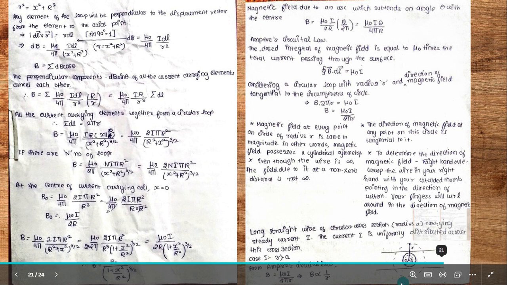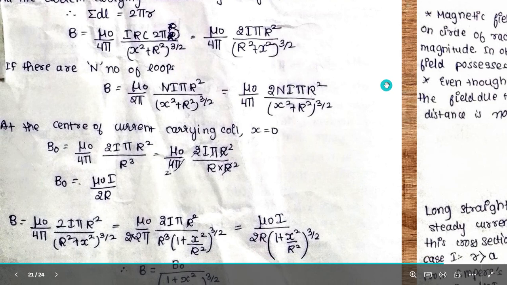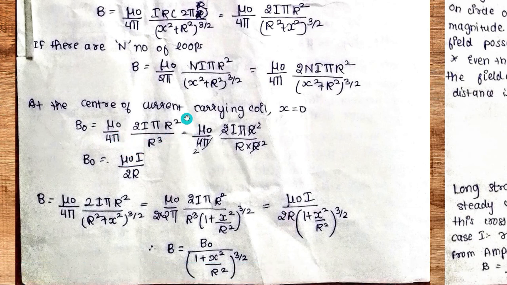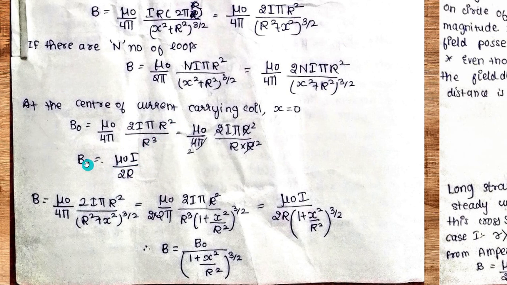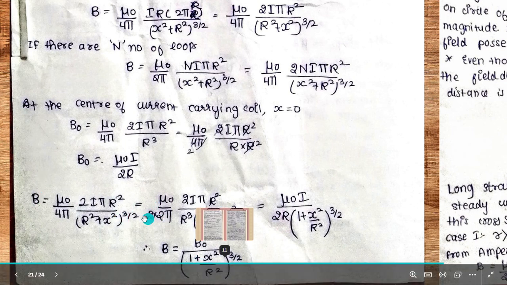So our x becomes 0, and hence our B naught value is mu naught by 4 pi into 2 I pi capital R square by capital R cube. So it will get cut off, and finally we get B naught is equal to mu naught I by 2R.